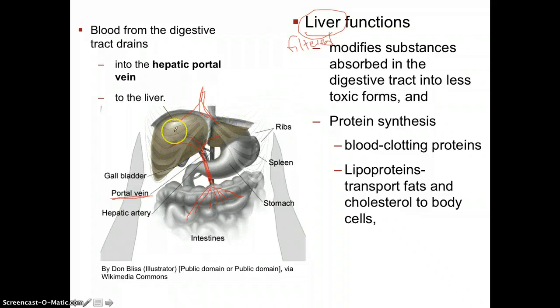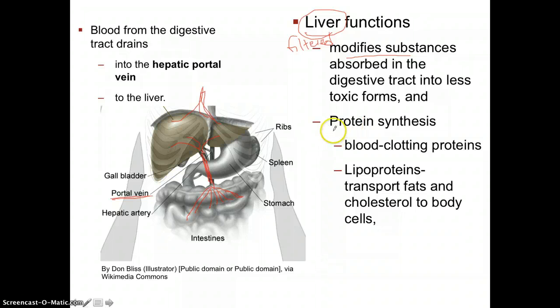So the liver is really good at transforming certain compounds into other ones. For example, when your body processes alcohol, it's absorbed and goes through the liver. Your liver modifies alcohol into less toxic substances for your body. So it's your first line of filtering out toxins and things like medications.